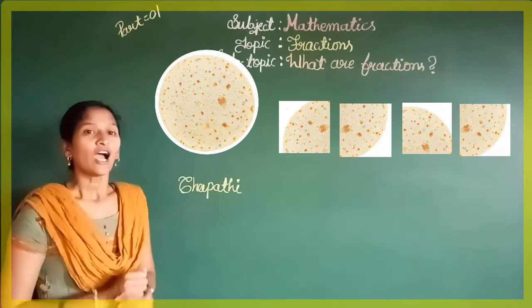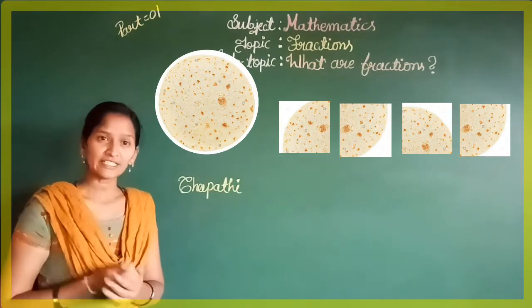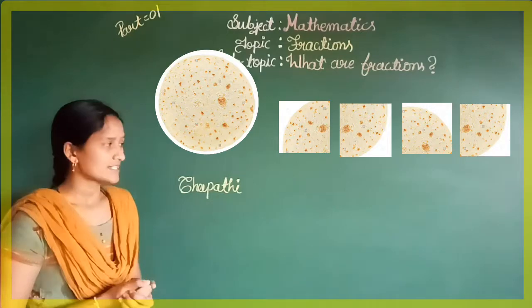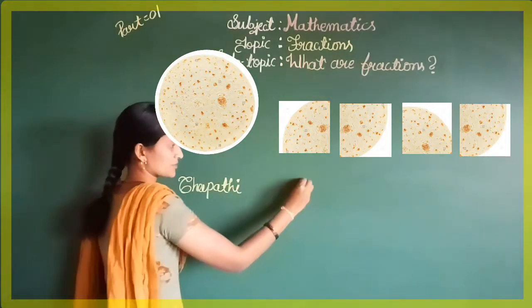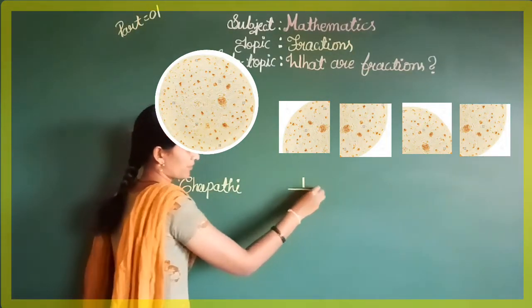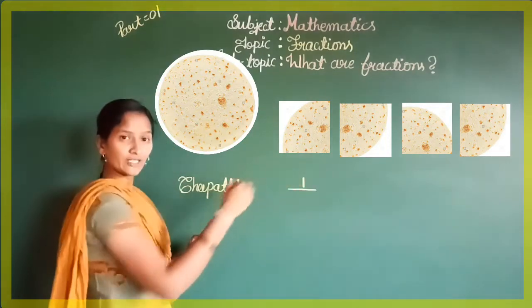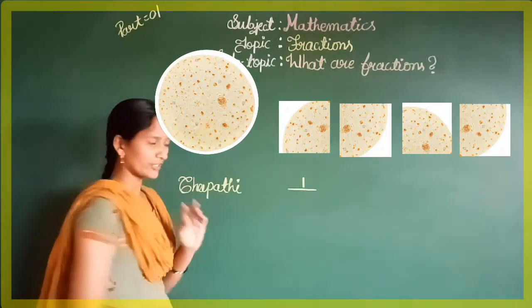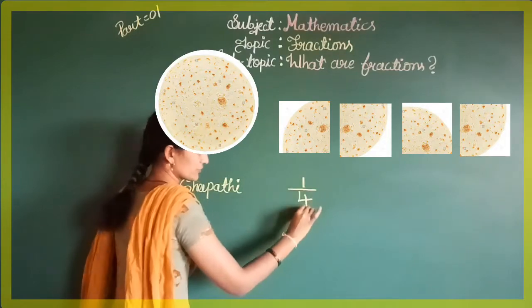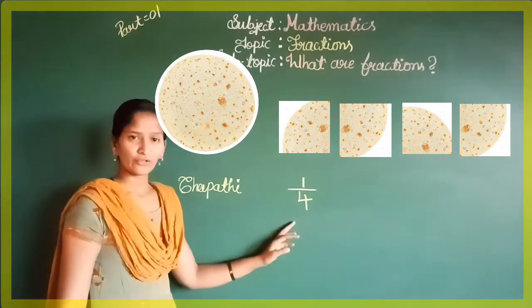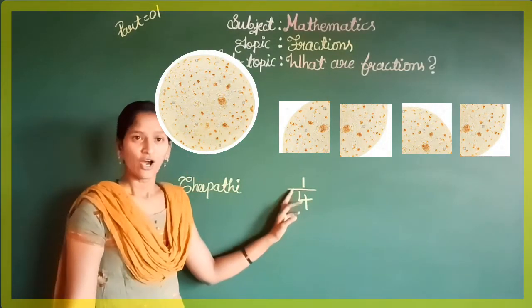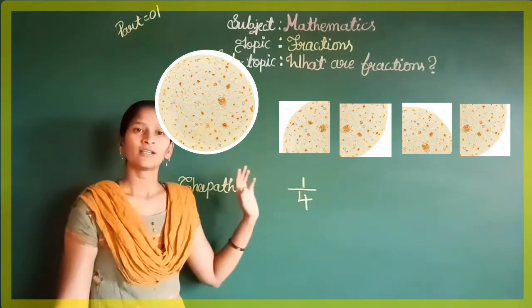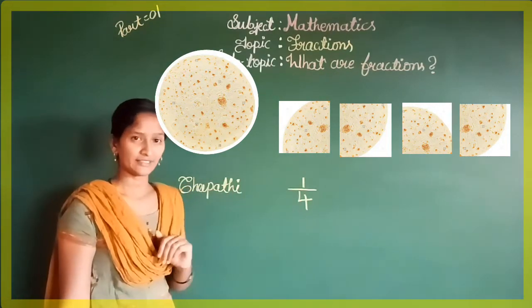Now how can you represent it mathematically? It is the first part, right? It is one part out of the total of 4 equal parts. So write here 4. 1/4. It is one part out of 4 equal pieces of chapati.